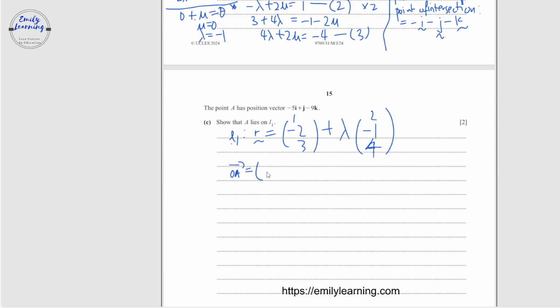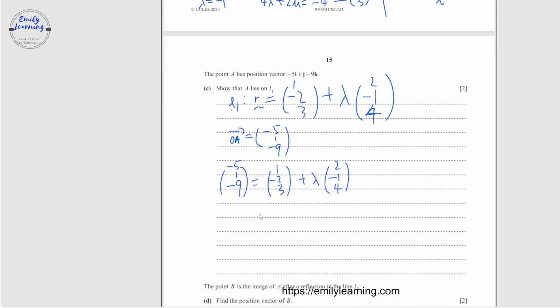OA is (-5, 1, -9), right? So I'll equate (-5, 1, -9) equals (1, -2, 3) plus lambda (2, -1, 4). If OA satisfies this equation, when I solve for lambda for all three equations, they must be the same value.